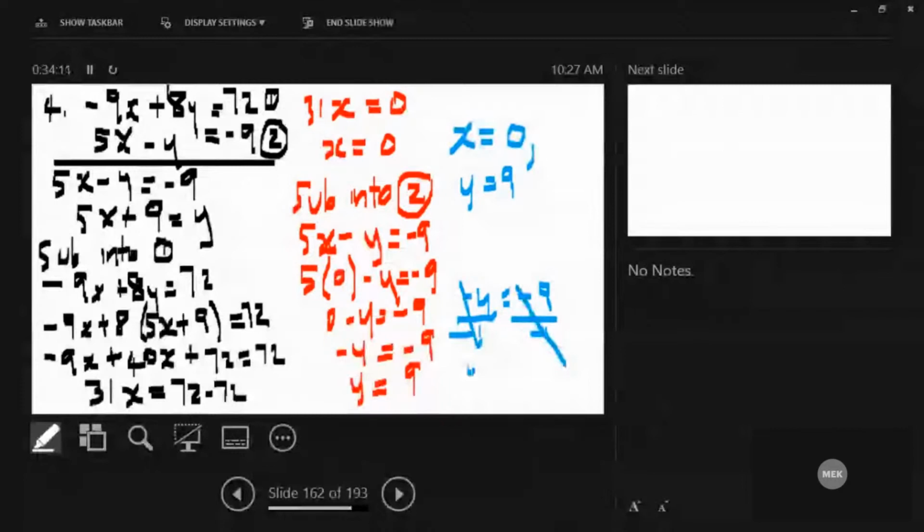So y is equal to 9. Because we don't want negative y, we want a positive variable. So once you end up with a negative variable, divide both sides by negative 1 to get what the positive variable would be equal to. Because we don't want to solve for negative y, we want to solve for y. So anytime you see that happening, just divide both sides by negative 1.